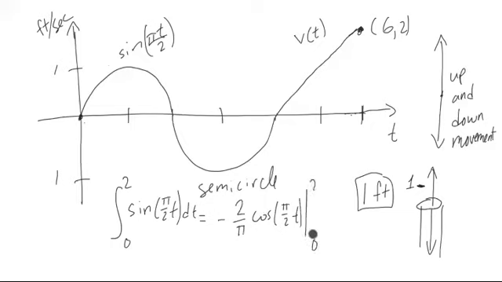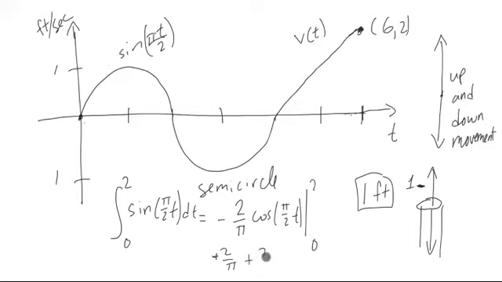When we plug in 2, we have cosine of pi, which is negative 1, so we get negative 2 over pi. But then times the negative, we have plus 2 over pi, because negative 1 times negative is positive 2 over pi. We plug in 0. Cosine of 0 is just positive 1. So we end up getting minus this negative, which becomes positive because we're subtracting what we have when we plug in 0, and then that interacts with that negative and becomes a plus.